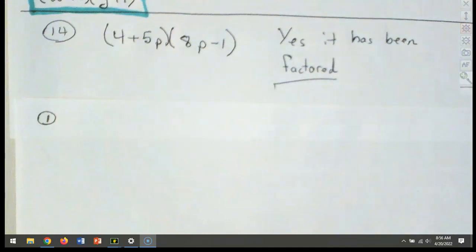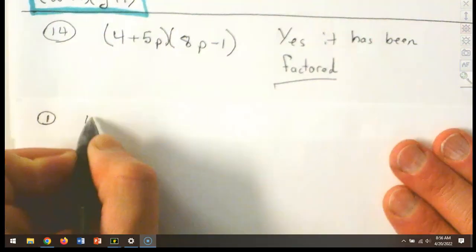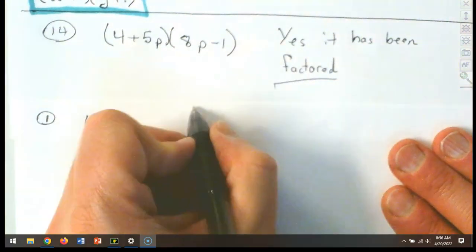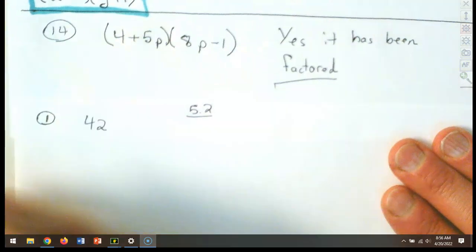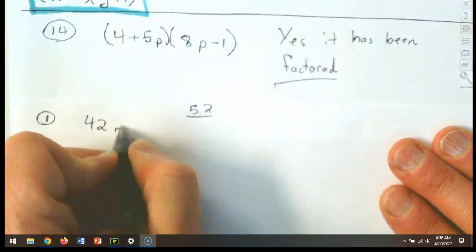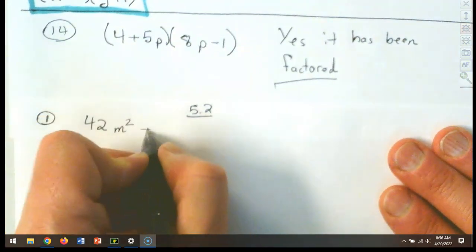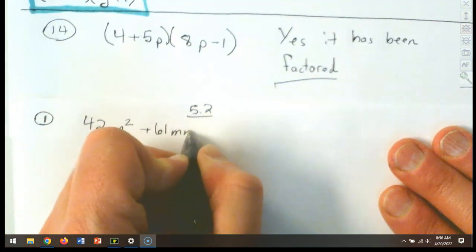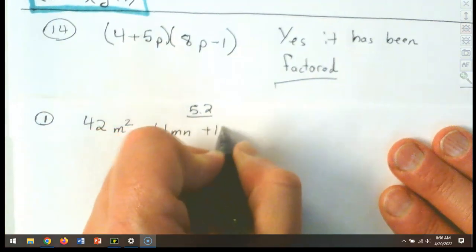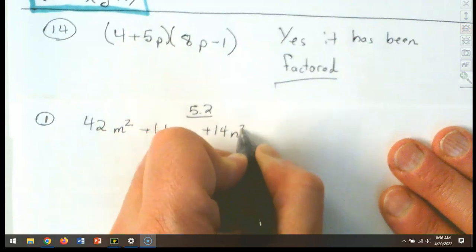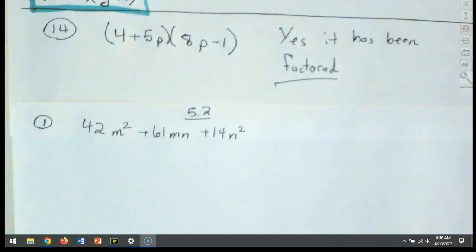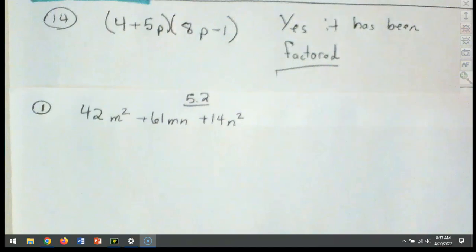So let's look at question number 1. So we've got 42, and this is out of 5-2, by the way. So this is 42m squared plus 61mn plus 14n squared. Okay, so first thing we want to look at is we need to see if we can factor something out.